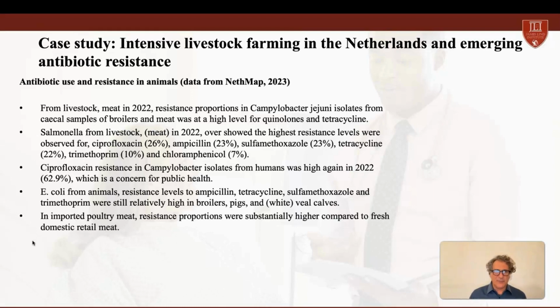So for salmonella, for example, from livestock meat in 2020, they showed that a higher resistance level was observed for ciprofloxacin. So this is a different antibiotic that is used in the Netherlands in animal farming.